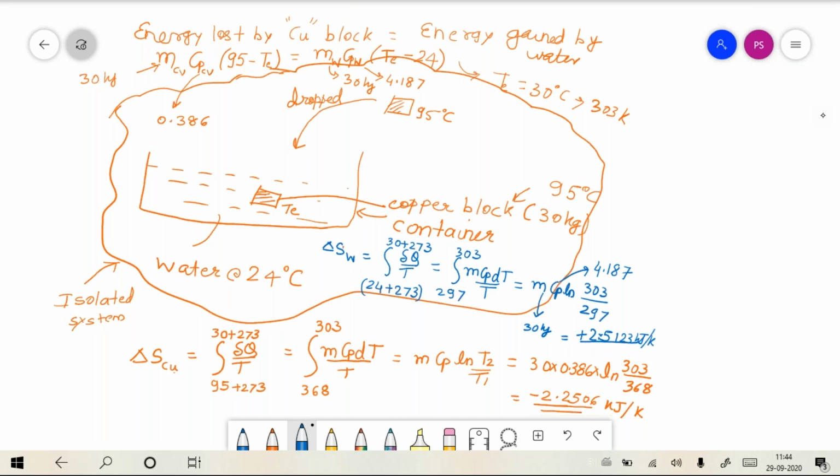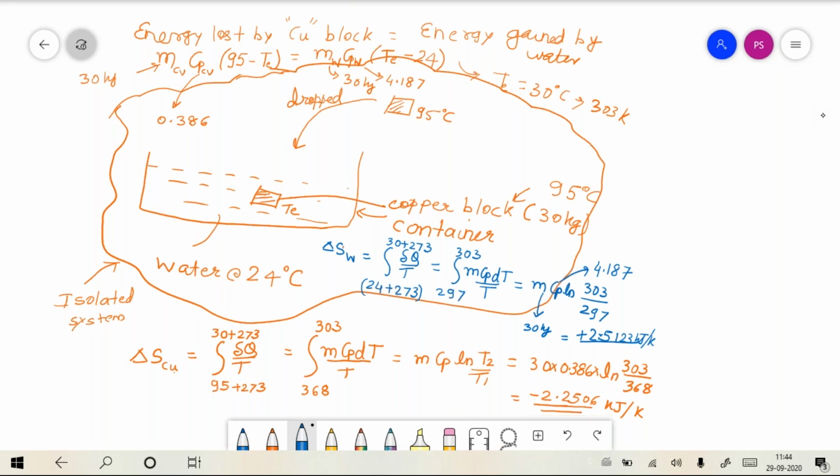That difference, that is the addition of entropy change of copper and entropy change of water, if you add these two, what is the value you get? Tell me the value of adding the two.